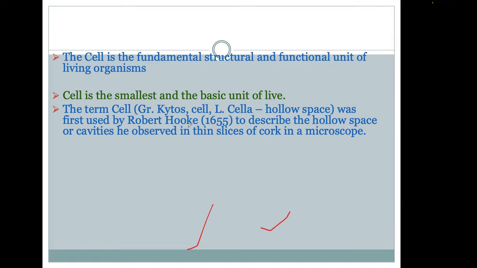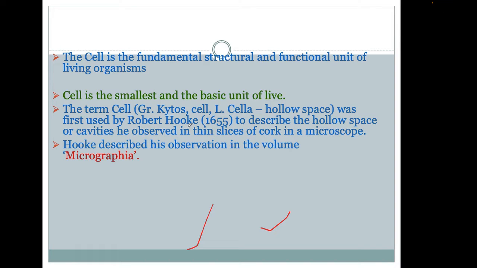The study of cells evolved into a branch of science with the invention of the microscope by Janssen. According to history, Robert Hooke discovered plant cells while observing a thin slice of bark under a microscope.